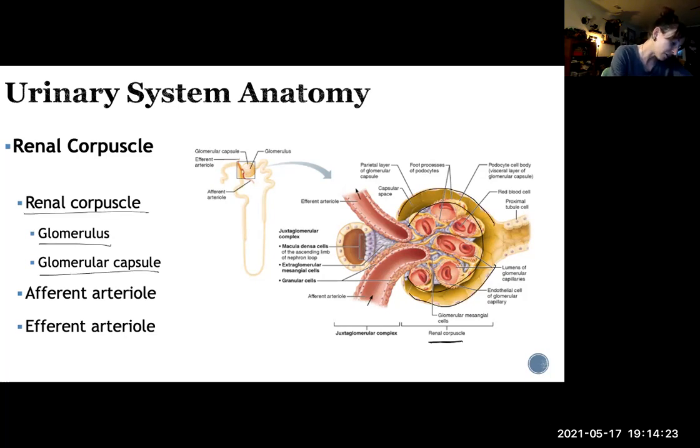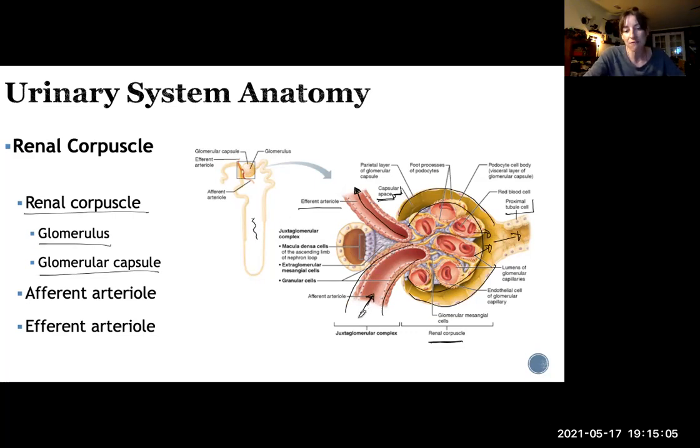The afferent arteriole goes in, and the blood from it gets filtered, as in the plasma gets pulled out into the capsular space, which will end up going into the proximal convoluted tubule. The red blood cells and the white blood cells and the platelets all stay in there and emerge through the efferent arteriole, which continues on to become those peritubular capillaries, which are wrapped all around this.